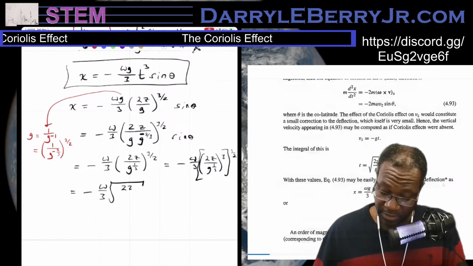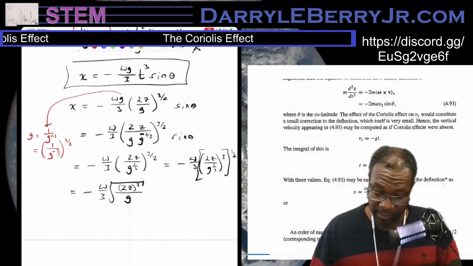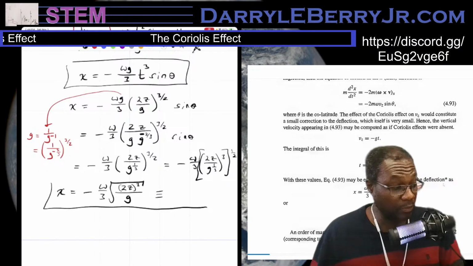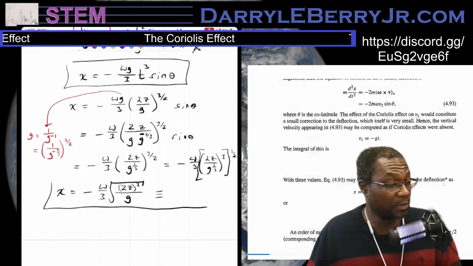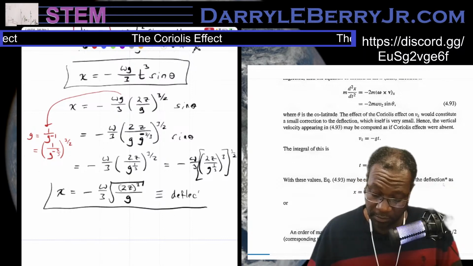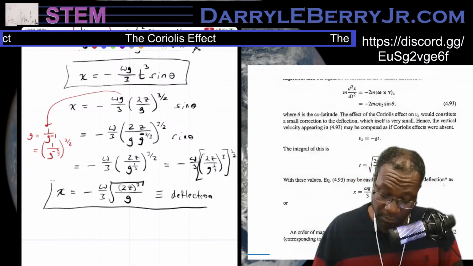So we have 2z to the third, and then we have g. All right. And this equals the deflection.